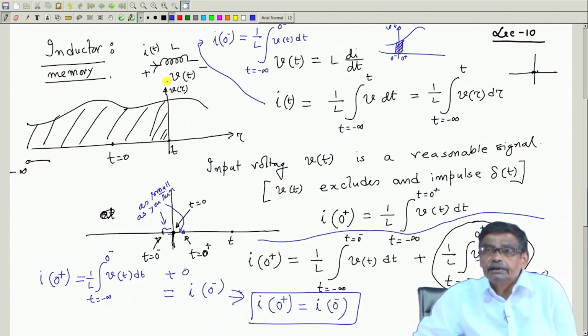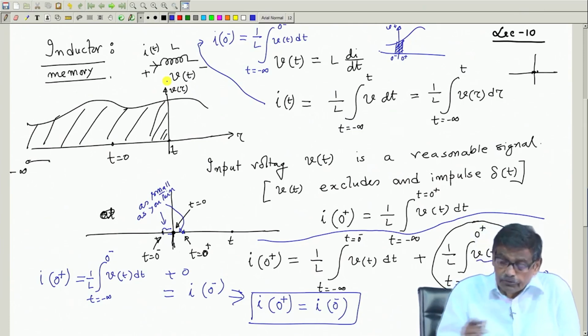That is, current through an inductor is continuous; it cannot have a sudden jump. Is that point clear? That is one point.